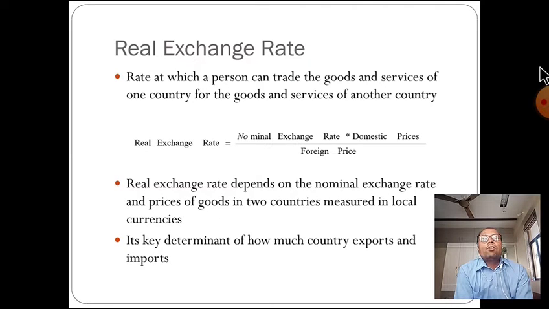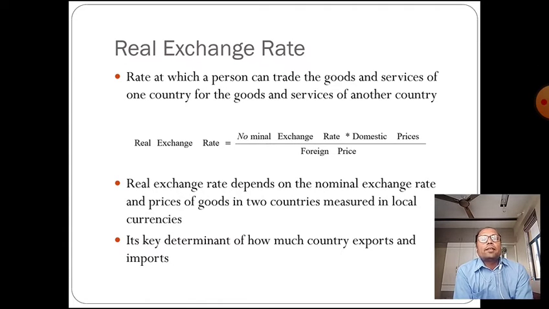On the other side, the real exchange rate is in terms of the value of goods and services across two countries. So typically the real exchange rate is a rate at which a person can trade goods and services of one country for the goods and services of another country, because every country has a different price for the same or similar kind of product.